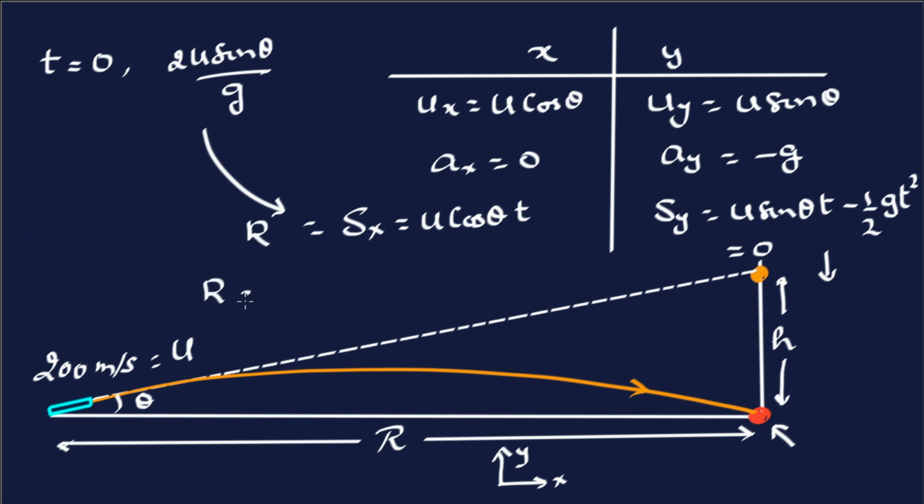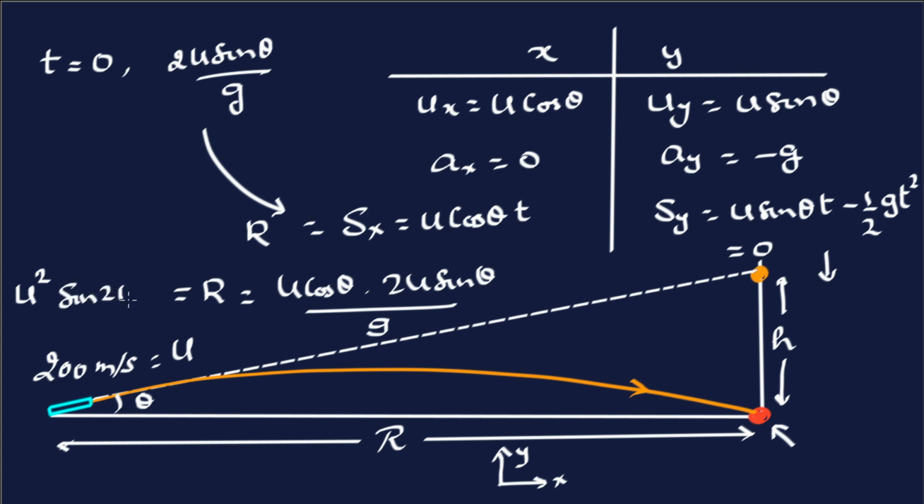So the range is u cos theta times 2u sin theta by g. And that, my friends, gives us the range formula, which is u squared, 2 cos theta sin theta can be written as sin 2 theta, divided by g.